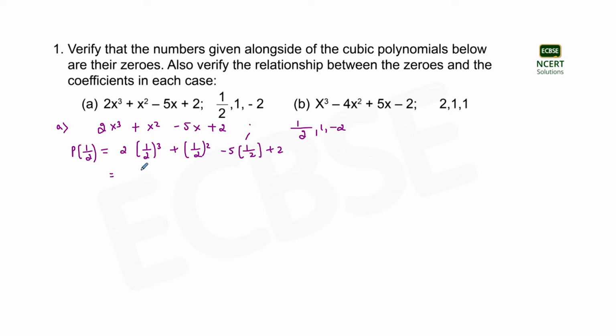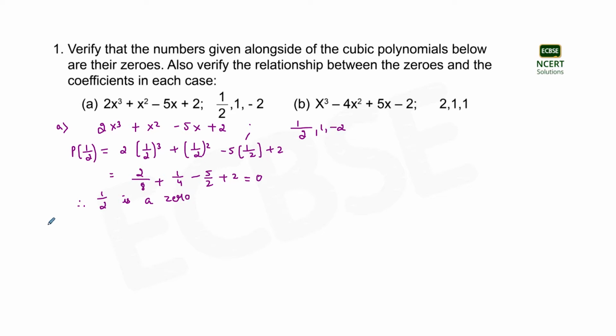Doing the calculation, this comes out to be 2 by 8 plus 1 by 4 minus 5 by 2 plus 2. The value of these terms comes out to be 0. As on substituting the number 1 by 2 in the polynomial the value comes out to be 0, it means that 1 by 2 is a zero of this polynomial.